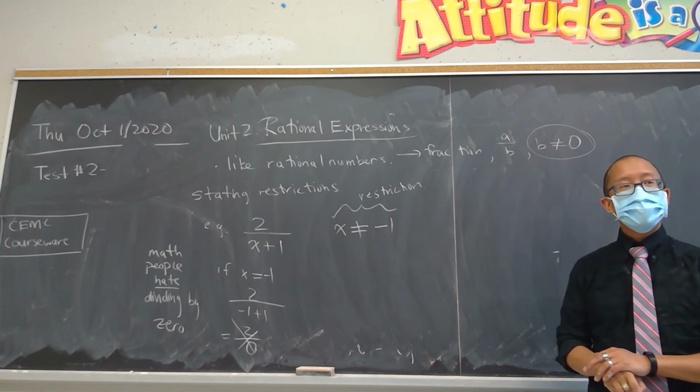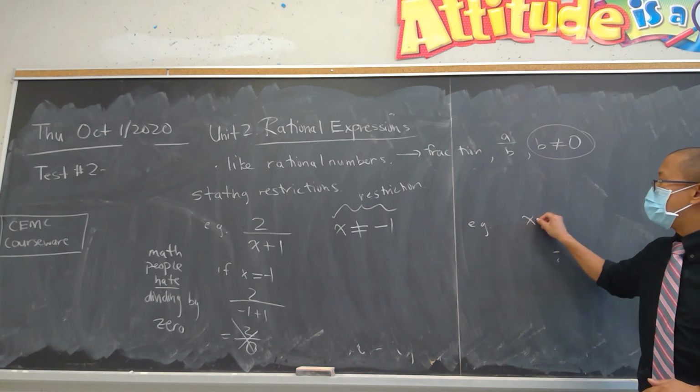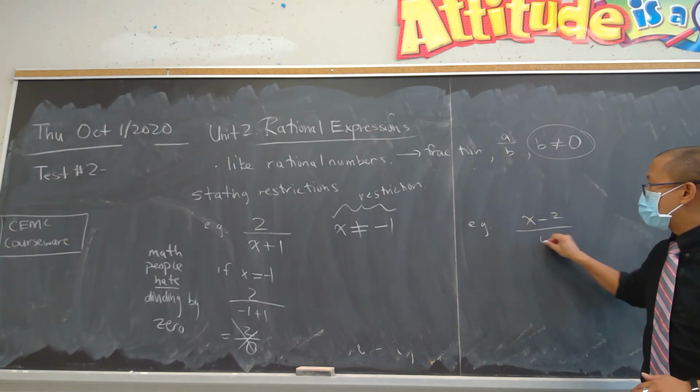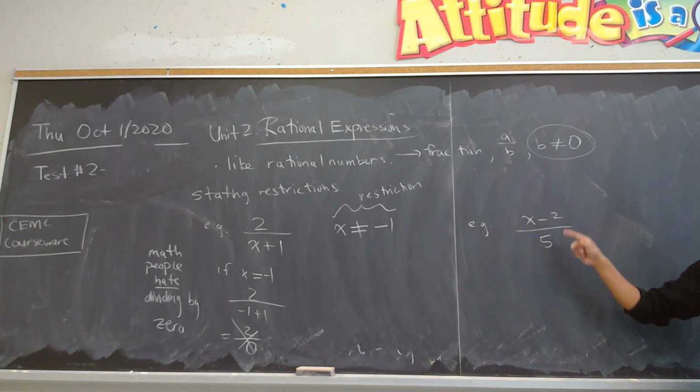Okay. Sometimes in algebraic expressions, there are no restrictions. Let me show you an example where there are no restrictions. Let's just say we have x minus 2 over 5. This is a rational expression, everyone agrees, because again, we have a binomial in the numerator, but this is dividing by 5. Don't get me wrong, a lot of you actually understand this, I think. It's just, some of you have to wrap your head around it.